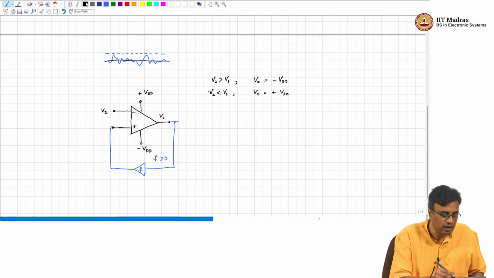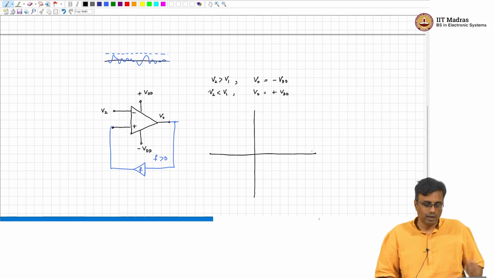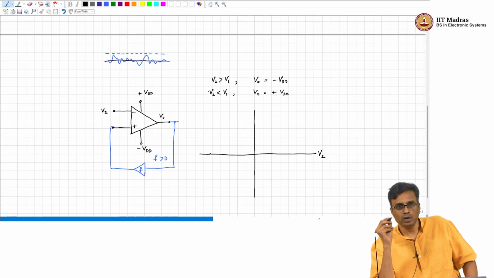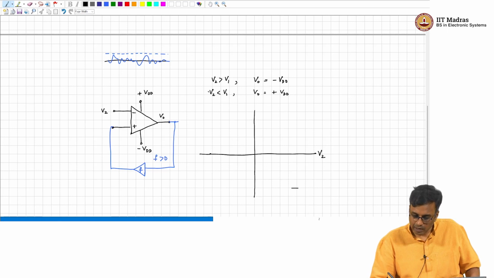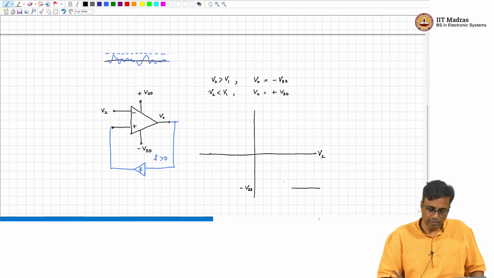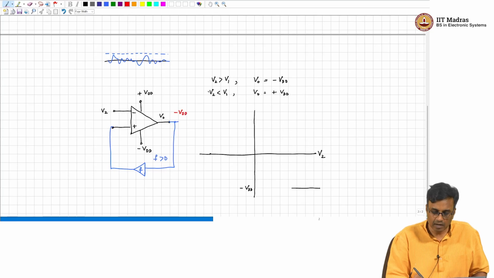And if we plot the characteristic, what do we see? Let us say the input V2 was very large and positive. What comment can we make about the output? The output will be minus VDD. And so if V2 is very large, the output is minus VDD. So, what will this voltage be?